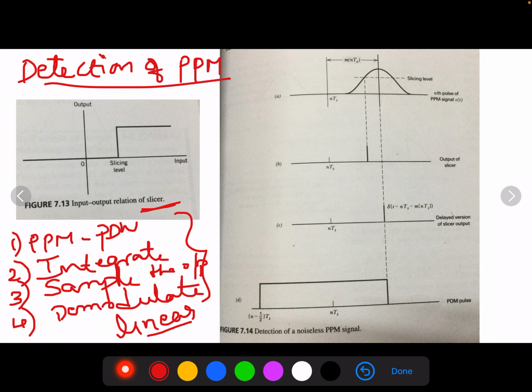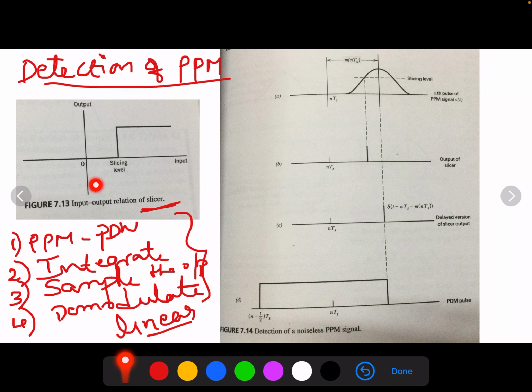The slicer will be at its input end. The input-output characteristics of an ideal slicer are shown in the diagram figure, where the slicing level is normally set at approximately half the peak pulse amplitude of the received PPM wave.